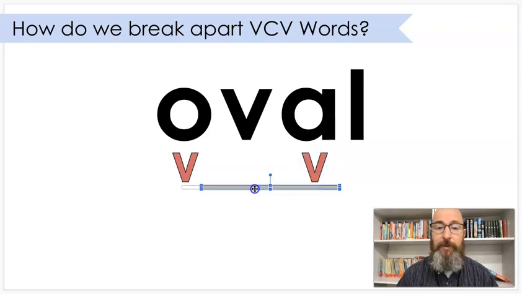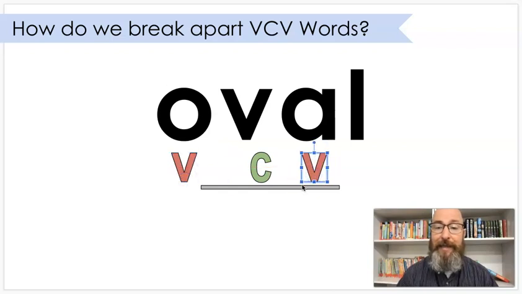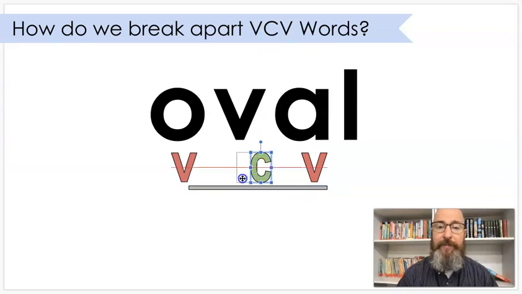Let's build our bridge between them. What do I put on the bridge? The consonants, that's right. And there's only one consonant between the O and the A, and that is a V. So we're going to label that with a C.